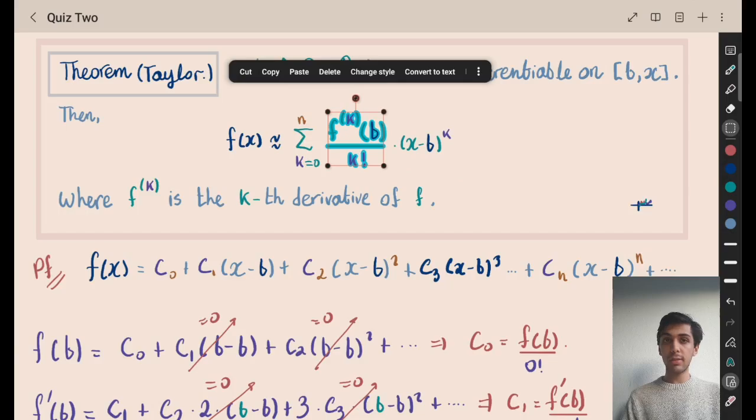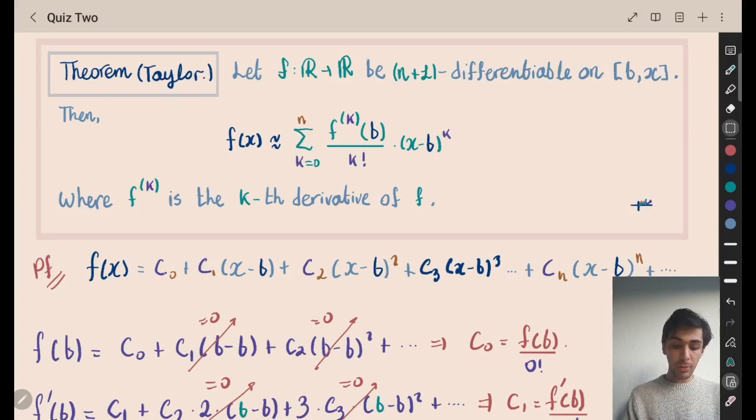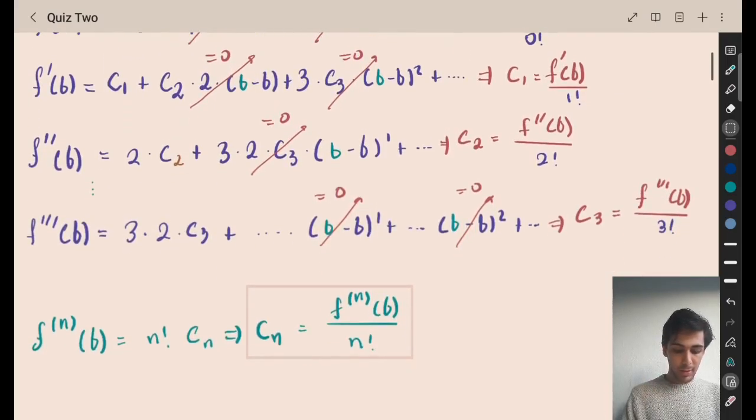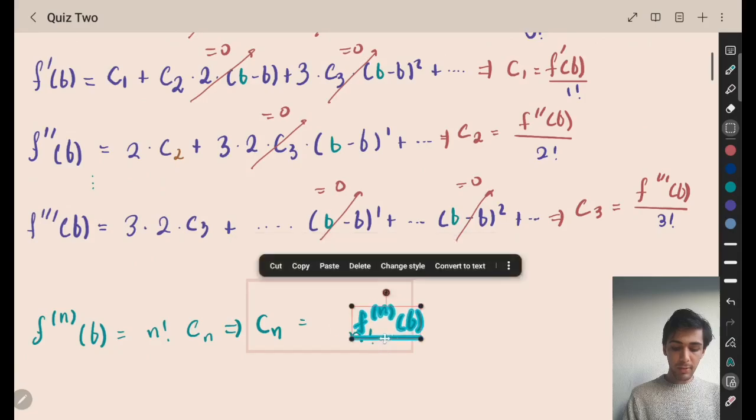By this, it simply means that we have found the coefficients. And if the coefficients match here, then it is indeed true that we may be able to approximate the behavior of f of x using its derivatives. So that is just simply amazing. So we have f^(n) of b divided by n factorial.